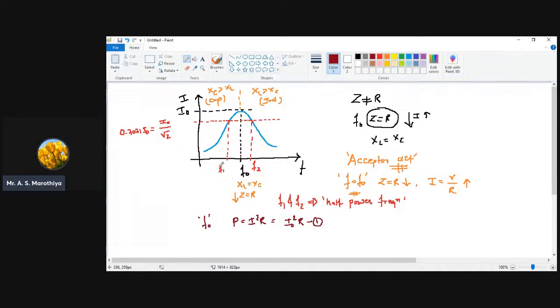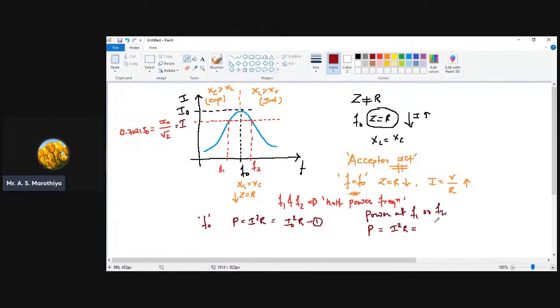Now if you want to calculate the value of power at F1 or F2, again it is going to be P, which is I square into R. Now what is the value of I at F1 or F2? From the graph it is very clear that the value of I at F1 or at F2, magnitude wise, is the same, and that is I naught by root 2.